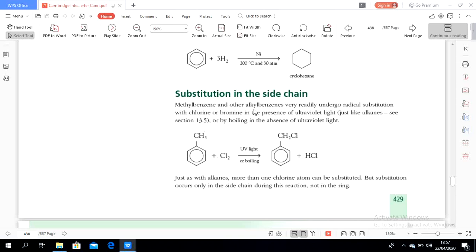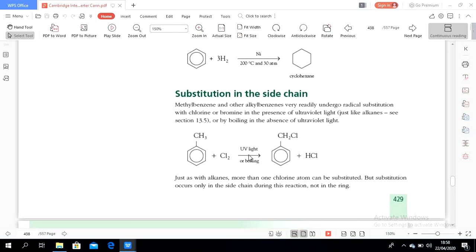So we need to keep in mind that there are two reactions of methylbenzene with chlorine. Number one, if chlorine reacts with methylbenzene in the presence of aluminum chloride, then the chlorine will be substituted into the benzene ring.